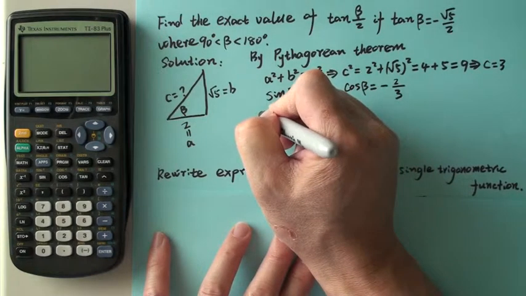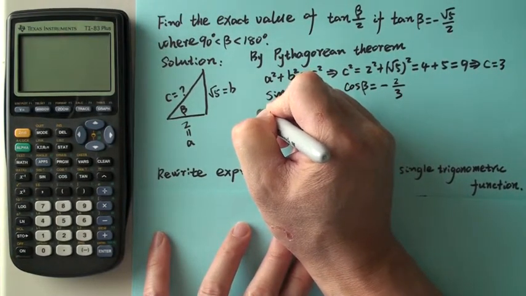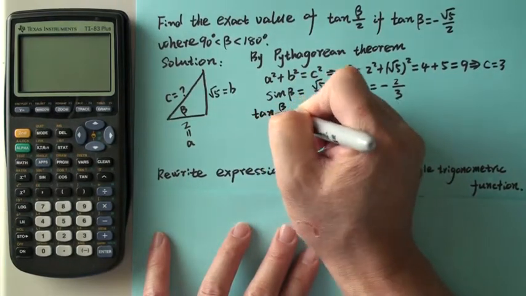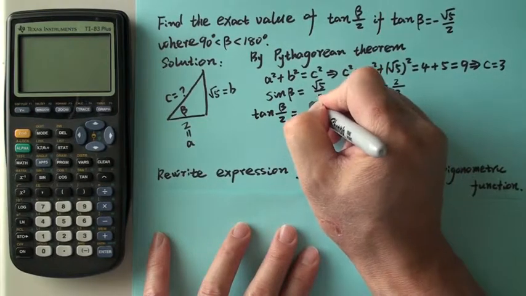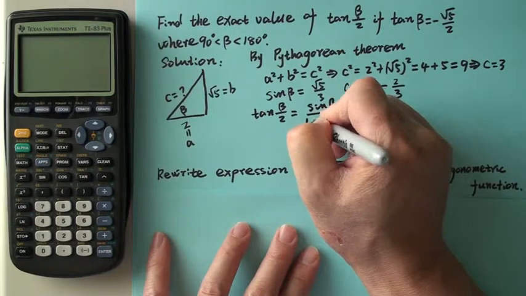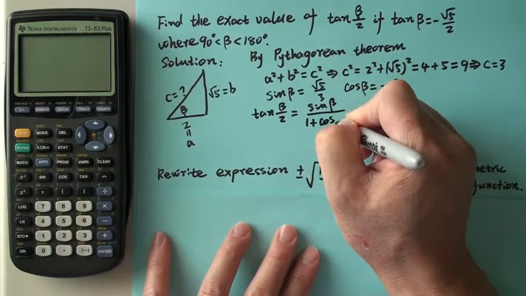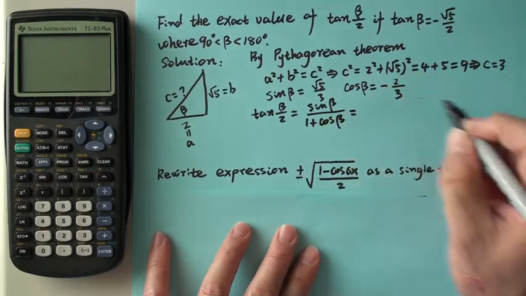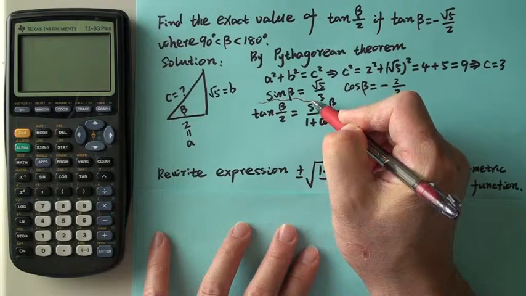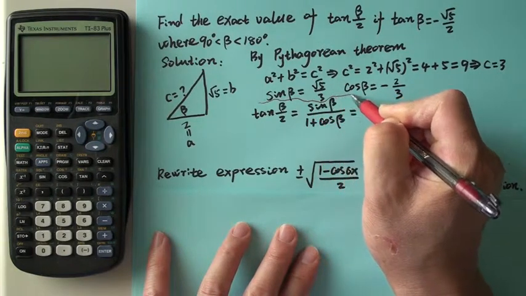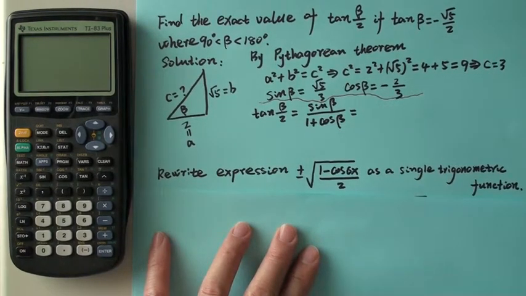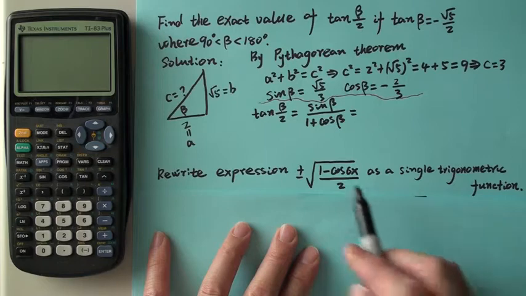We have tangent beta over 2 equals sine beta over 1 plus cosine beta. That's the formula.